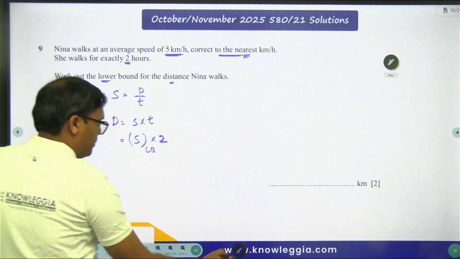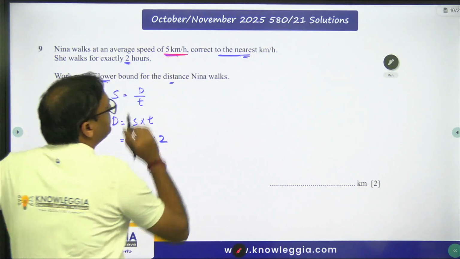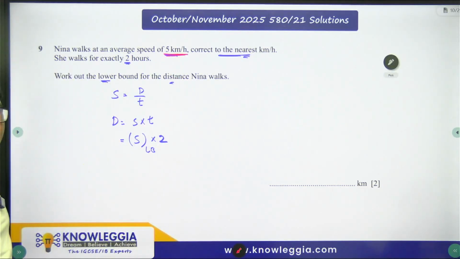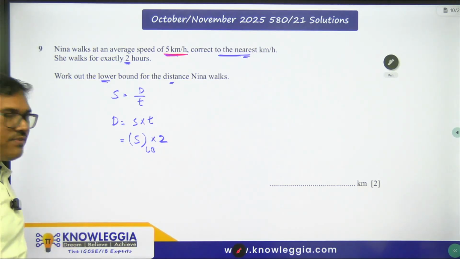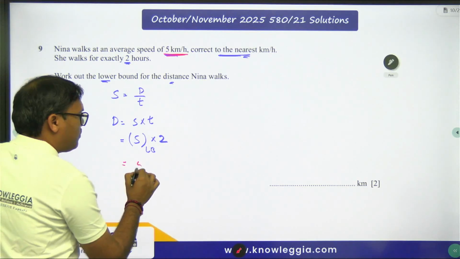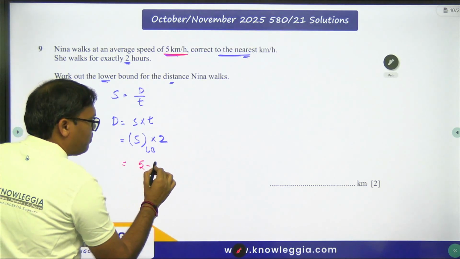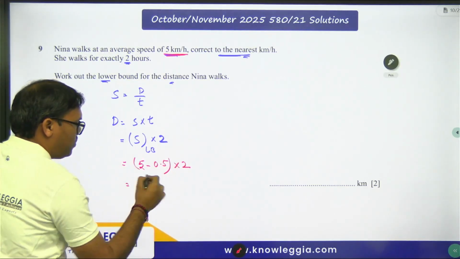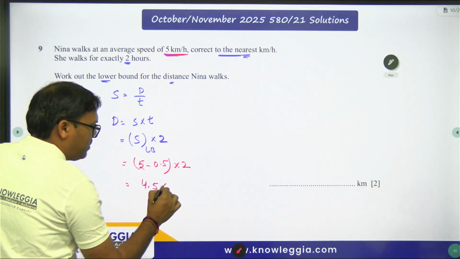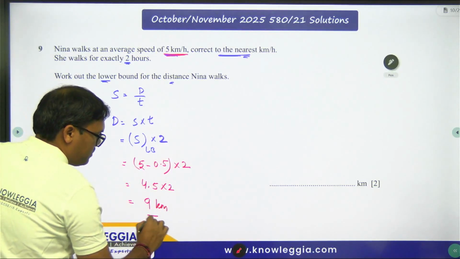This value is correct to the nearest kilometer per hour. So it is 5 minus 0.5, which is 4.5, into 2, which is equal to 9 kilometers, right?